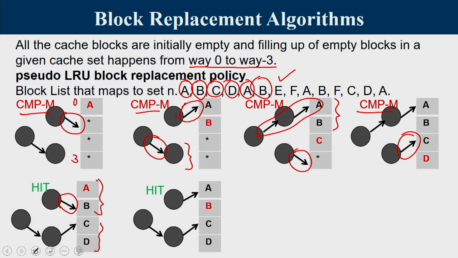If you travel through the arrows, you will reach this particular line. So out of A, B, C, D, at this juncture, C is the pseudo LRU. It is not the least recently used, it is a pseudo least recently used block. The concept of pseudo LRU we have seen during our lecture discussion.